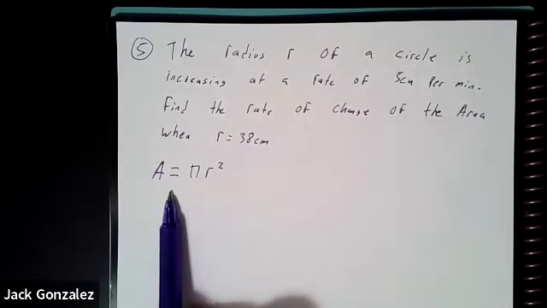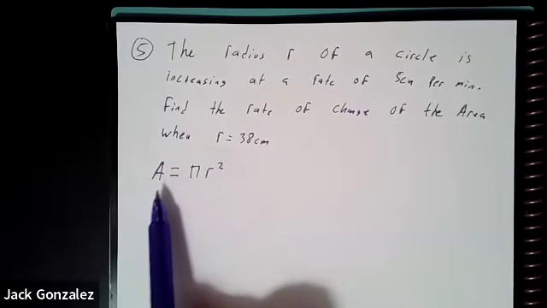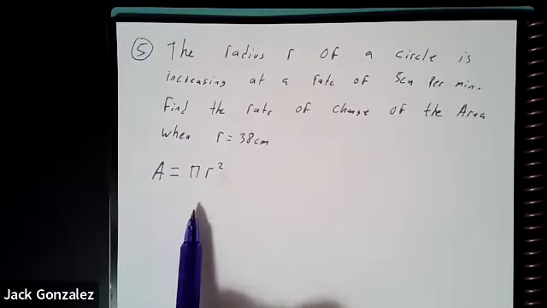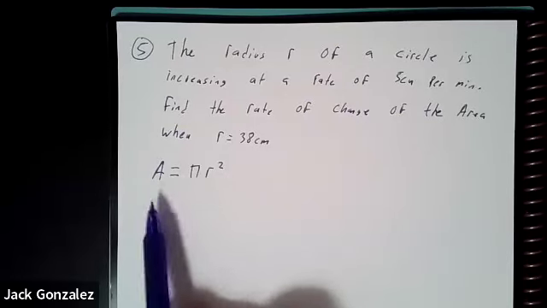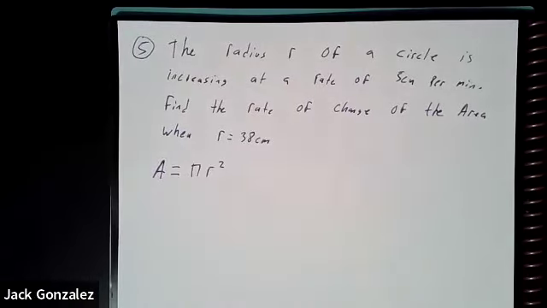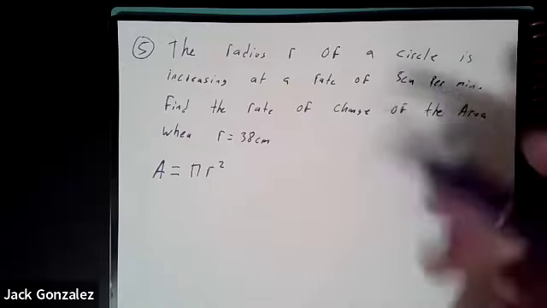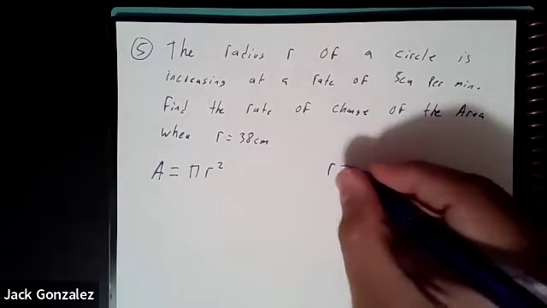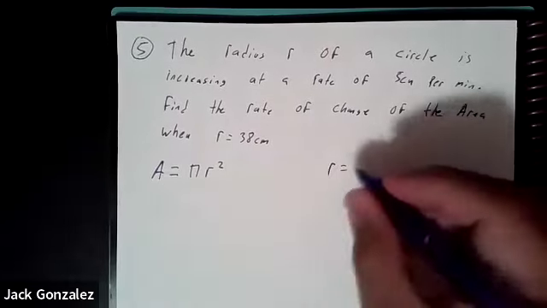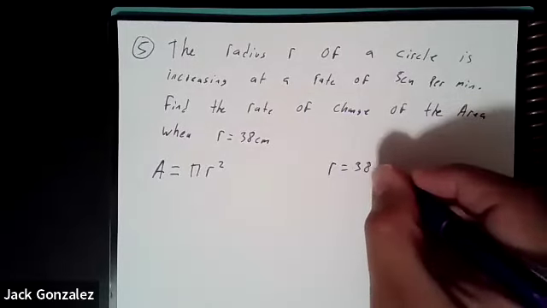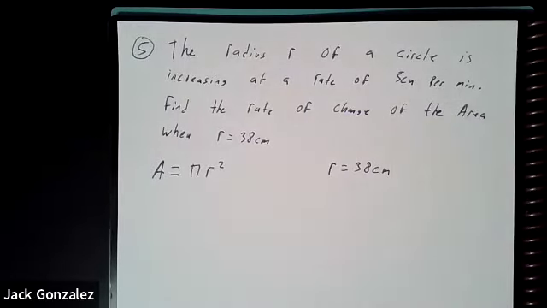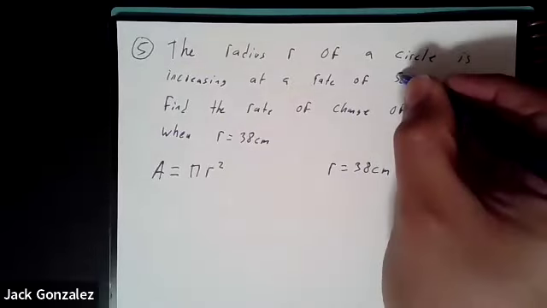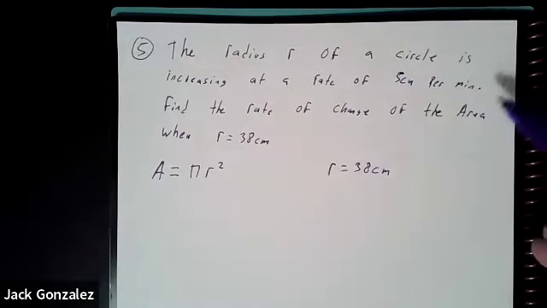So we're going to need an area formula, and we have to take the derivative of area over time. So we need this to start with. Now, what else did they give us here? Let's write down all the information. So the radius was what? Yeah, it did. The radius is 38 centimeters. This is a 5, by the way. So what is this right here? This 5 centimeters per minute.